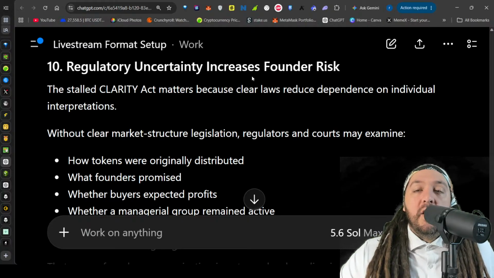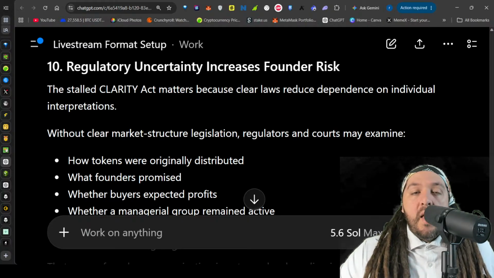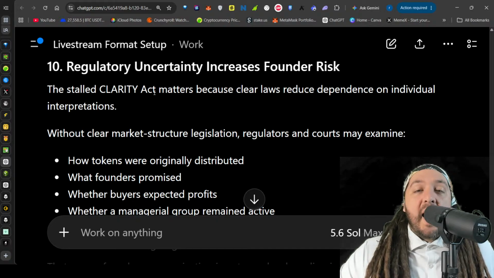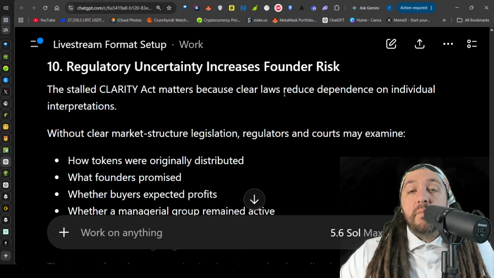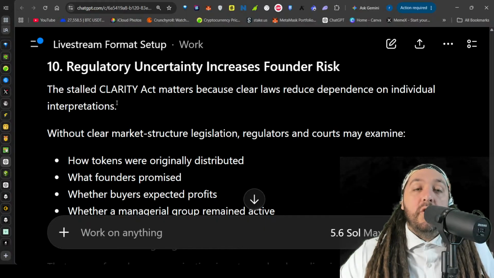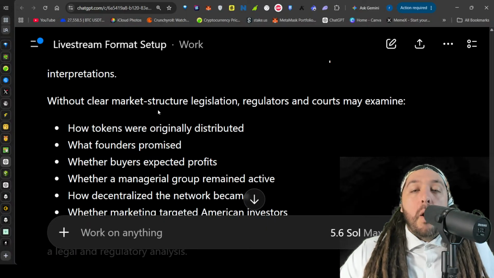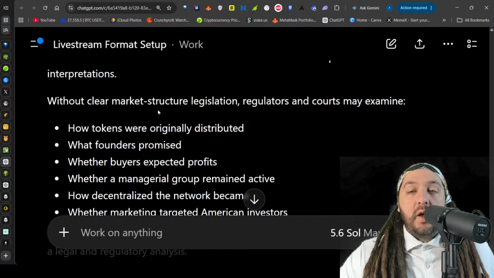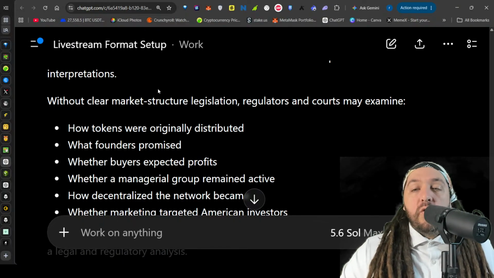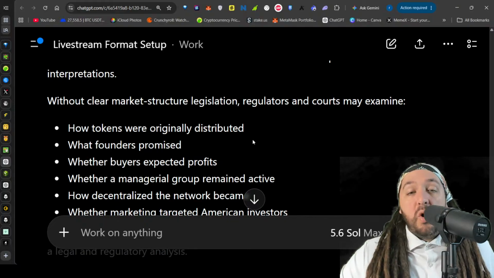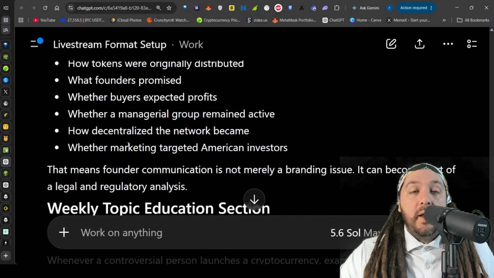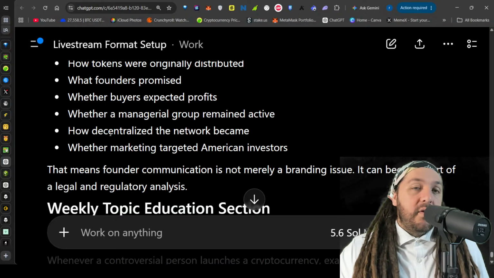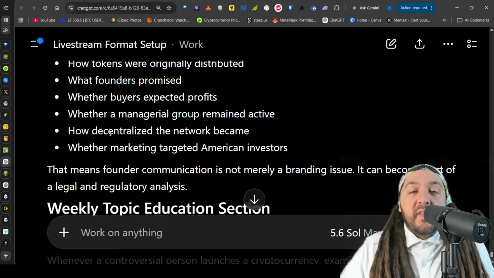Regulatory uncertainty increases founder risk. The Clarity Act matters because clear laws reduce dependency on individual interpretations. Without clear market structure legislation, regulators and courts may examine how a token was distributed to see if it is a security: what founders promised, whether buyers expected profit.